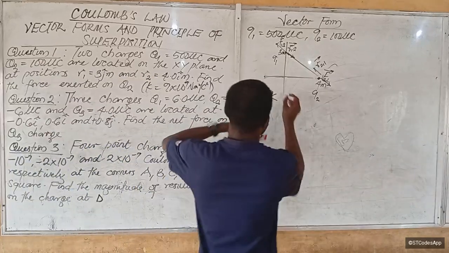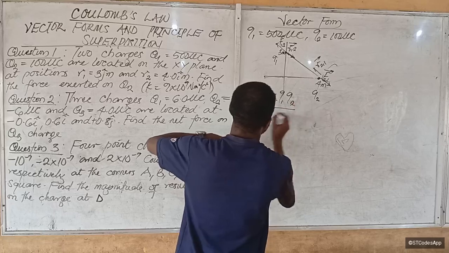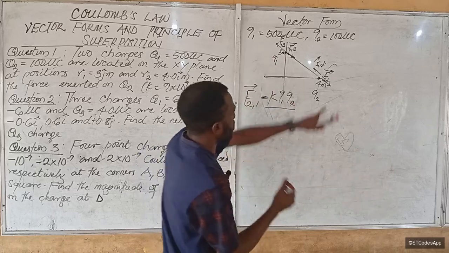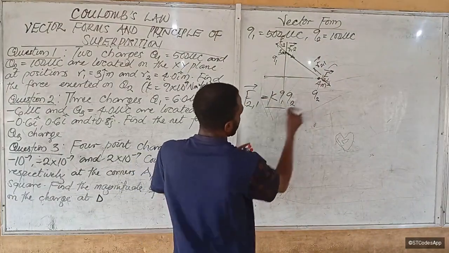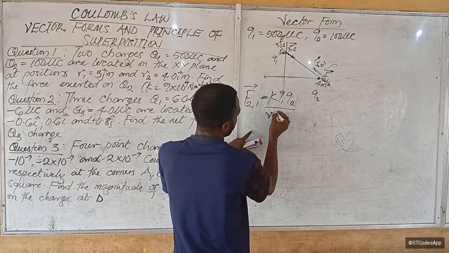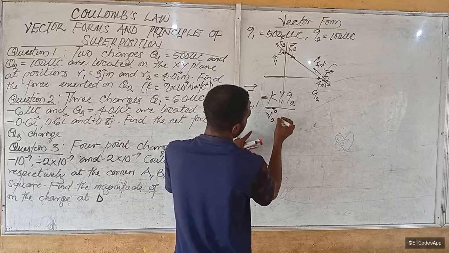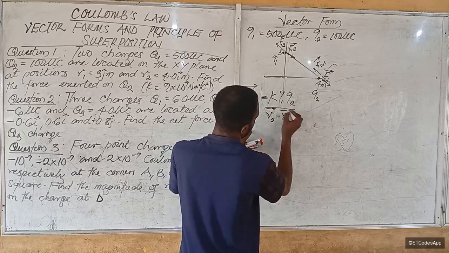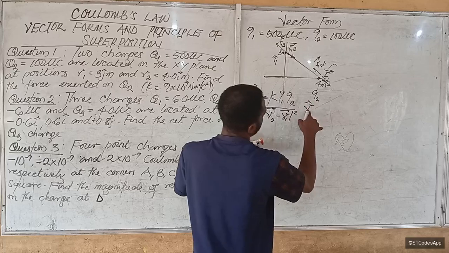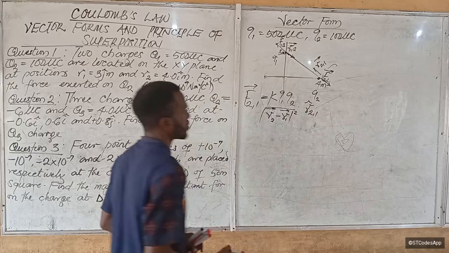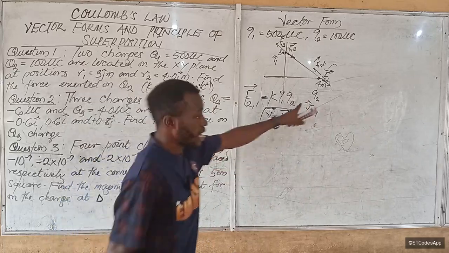Okay, so K Q1 Q2 over, now in this case, because we are pointing from 2 to 1 and our positions are given, it's going to be the position vector R2 minus R1 all squared, times the unit vector R hat 21.